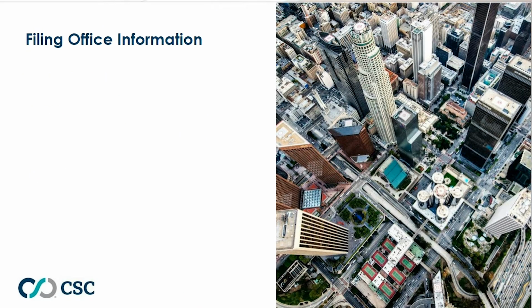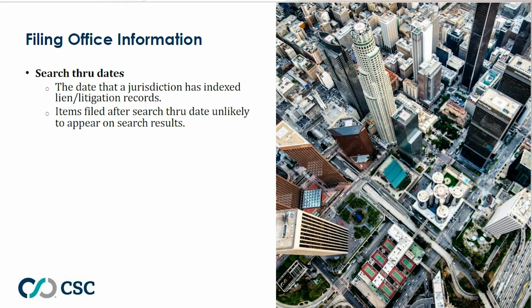Okay, so let's talk about some filing office information that would be more of use to you. I apologize, I will try not to make this so boring, but hopefully we'll get a few laughs along the way. So first of all, note the search through dates. Know this: when liens are filed, they do not necessarily become available on public record databases immediately upon filing.